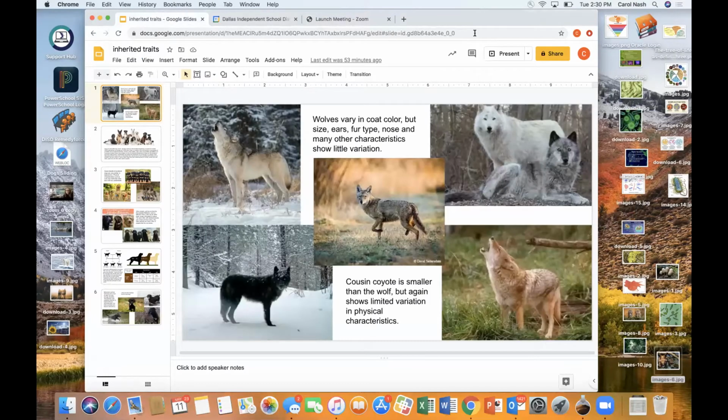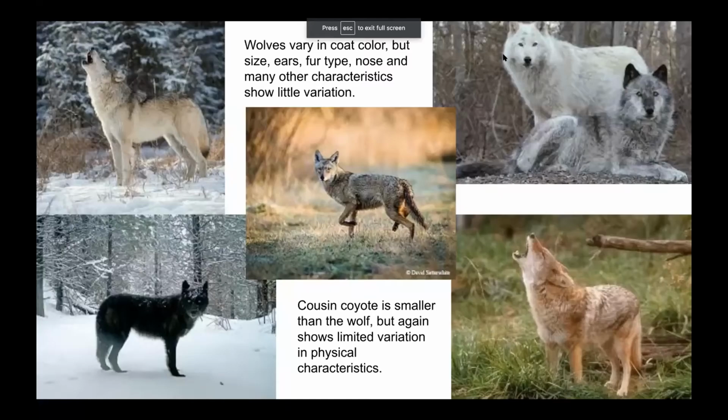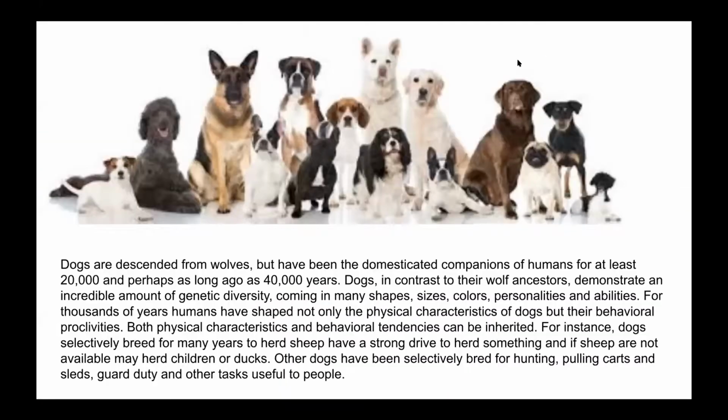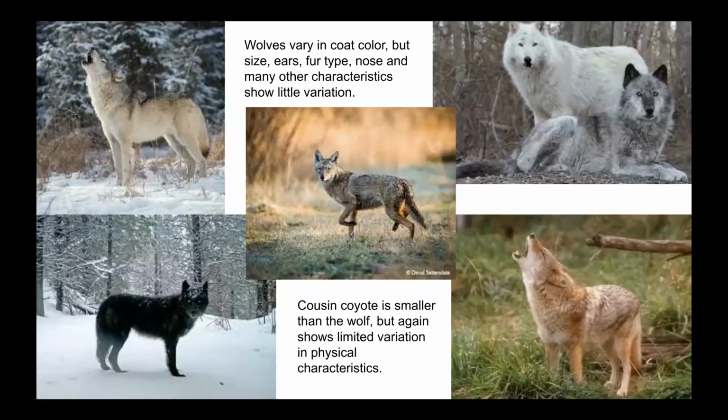So my favorite wild animal, I think, well, I have a lot of favorites, but one of my favorites is the wolf. So wolves are pretty amazing. They're so intelligent, so amazing. And they come in a variety of colors. Some are white, some are gray, some are kind of tawny, and some are even black.